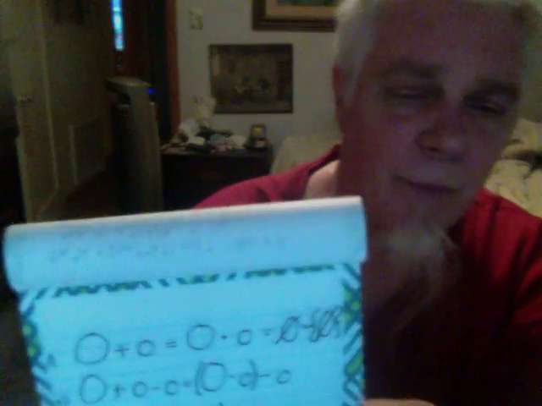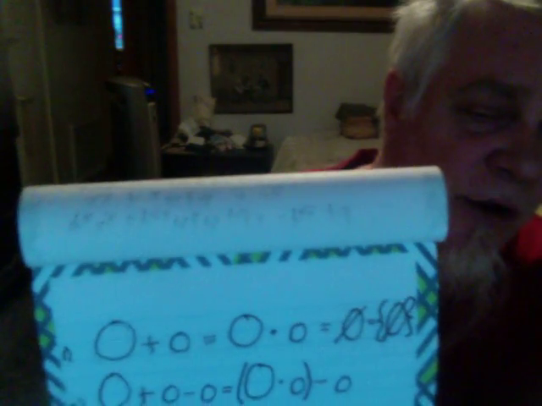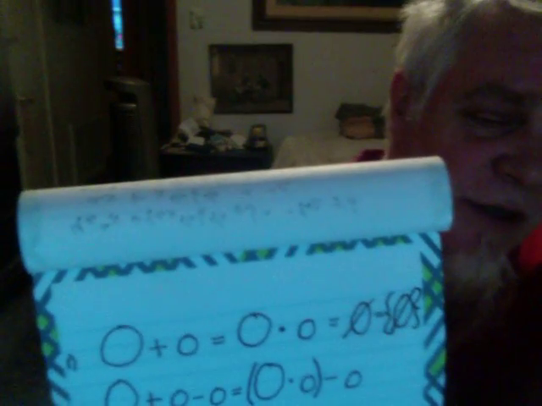So you have to start with a large space plus a small space equals a large space times the small space equals no space at all, the null set, equals 0 equals the null set.